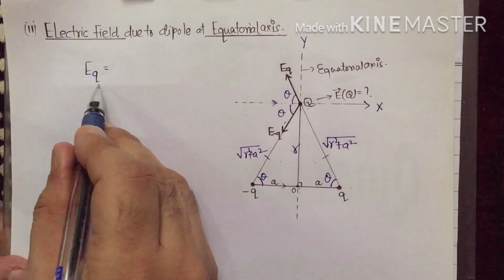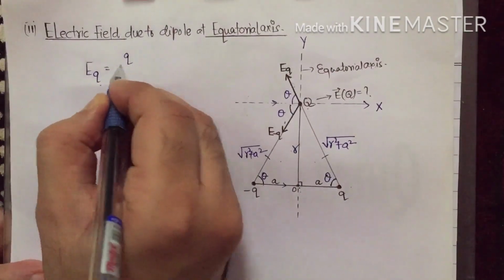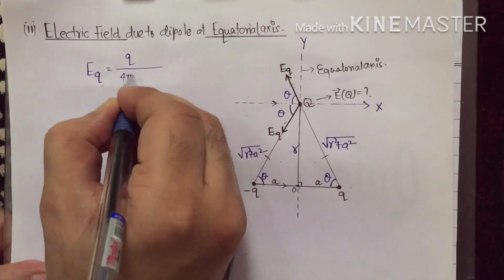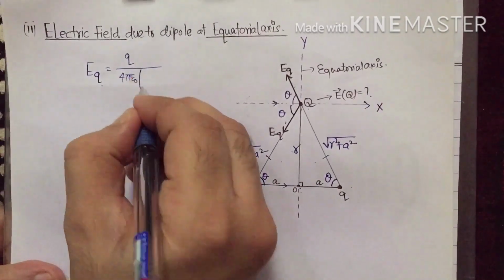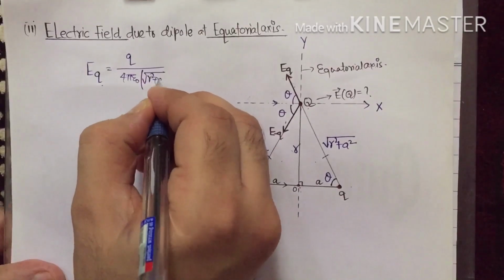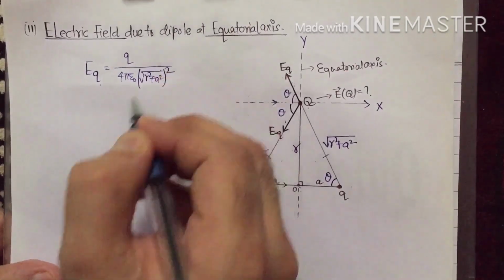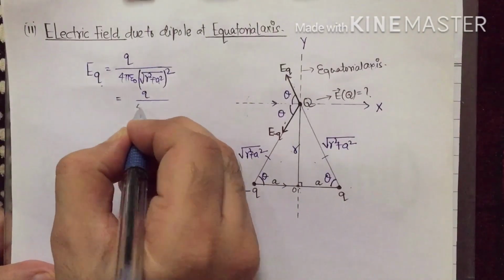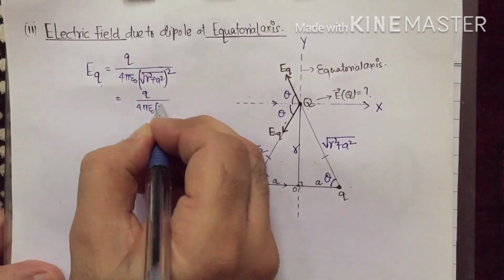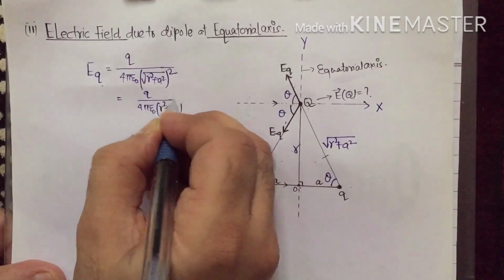So therefore electric field due to charge q is given as q divided by 4 pi epsilon naught, this distance square, so we have under root of r square plus a square whole square. So this becomes q divided by 4 pi epsilon naught (r square plus a square).